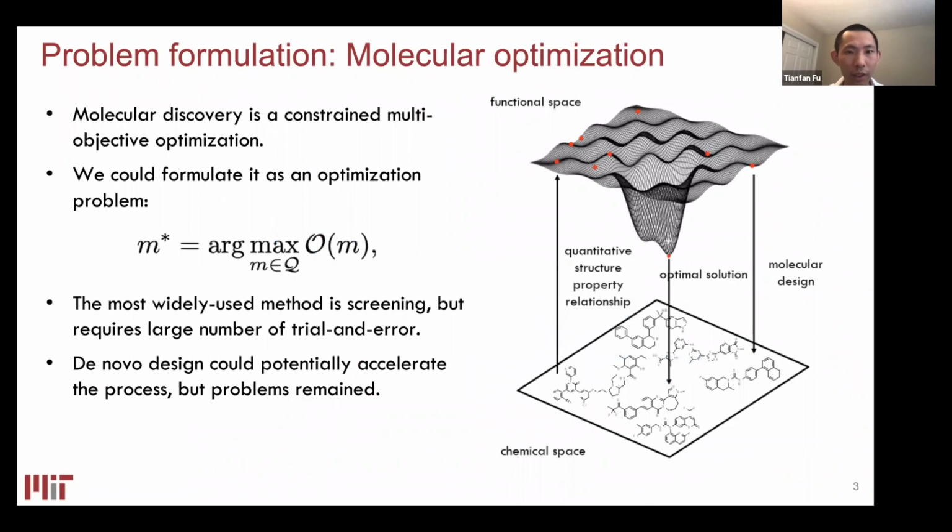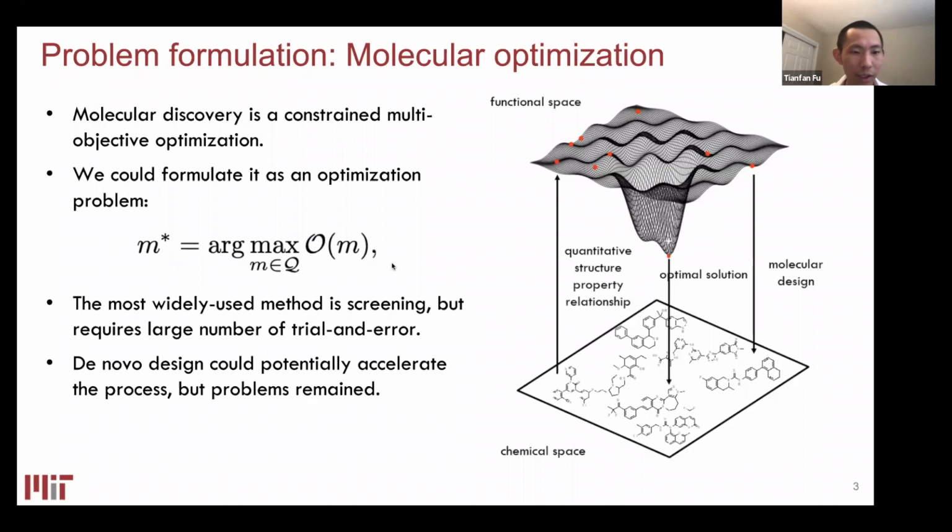Now we formulate the molecular optimization problem. Molecular discovery is a constrained multiple objective optimization problem. We could formulate it as an optimization problem over the whole molecular space to maximize or minimize the Oracle score.